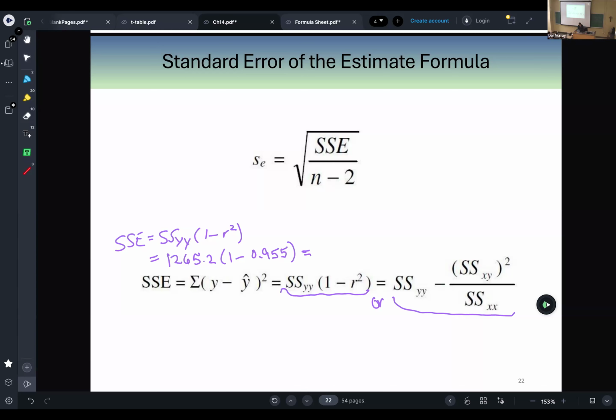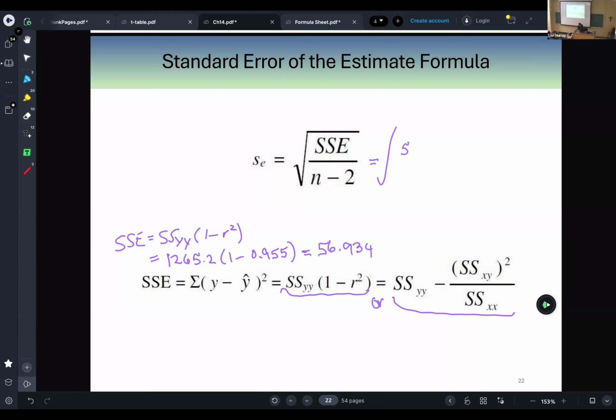So it's going to be in that ballpark. So 56.934, but we're not done yet. That's not the standard error of the model. That's just the SSE, the sum of the squares of those residuals, right? So we need to keep going here.